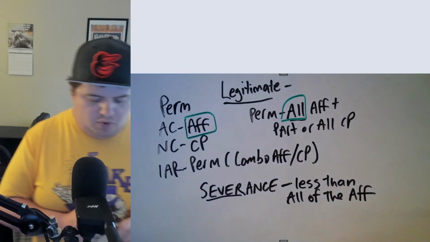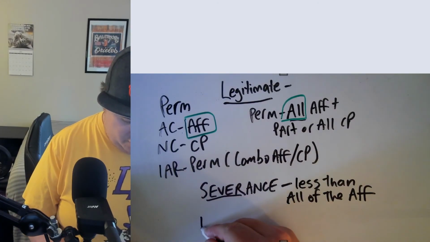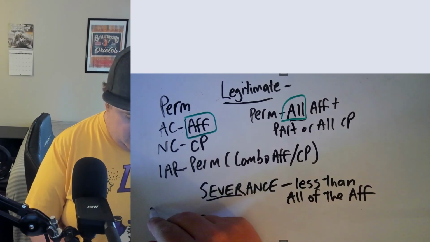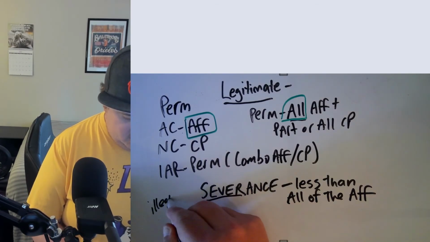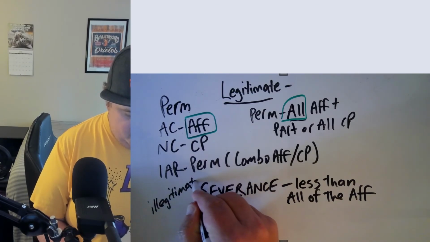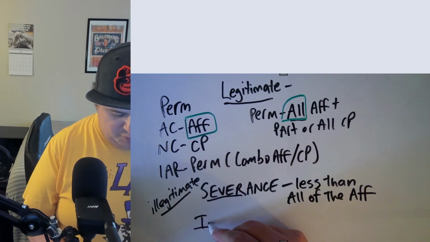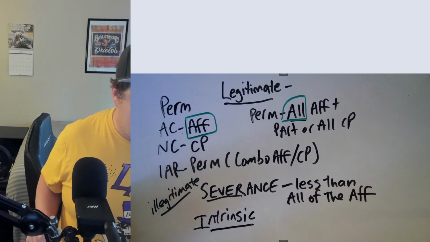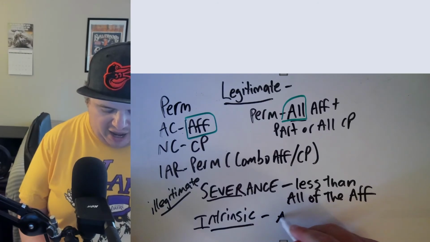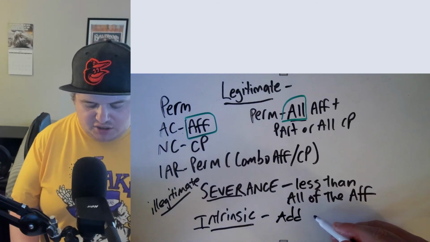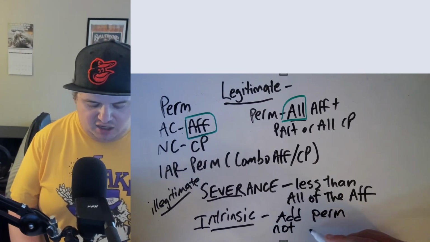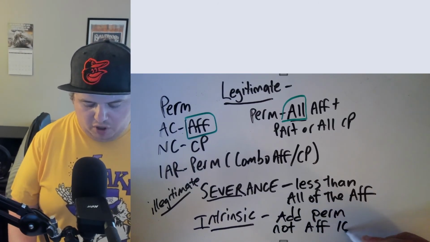The other type of permutation, and again, these are probably going to be considered illegitimate permutations, would be an intrinsic permutation. An intrinsic permutation is going to add a component to the perm that is not in the AF or in the counterplan.